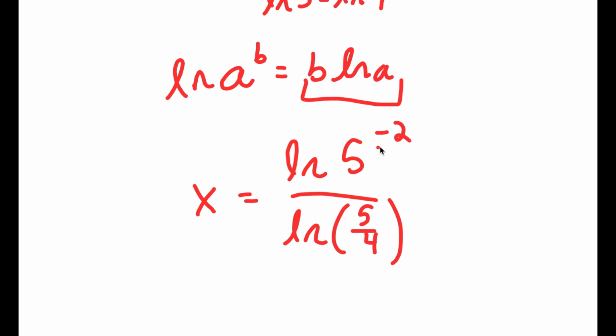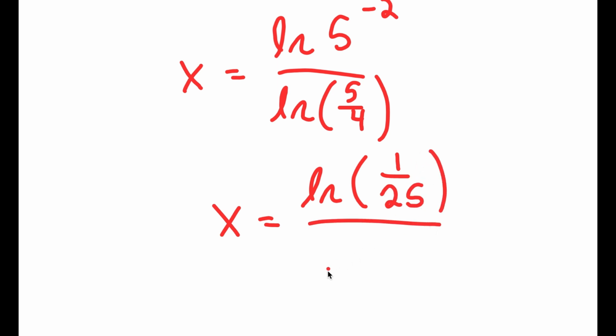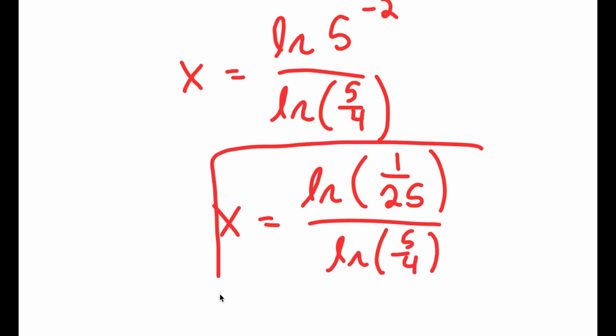Now the final thing is 5 to the power of negative 2 is the same thing as 1 over 5 to the power of 2. And 1 over 5 to the power of 2 is the same thing as 1 over 25. So this is my final answer.